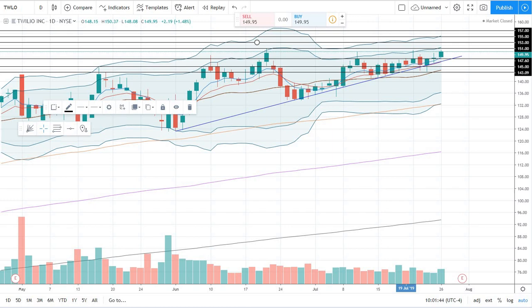So buy target: break of 151, or back test to the trend line. Stop loss one will be just under 150, probably. We'll use 149.8, because it'll probably back test 150, would be my assumption, because that's a pretty big psychological number.